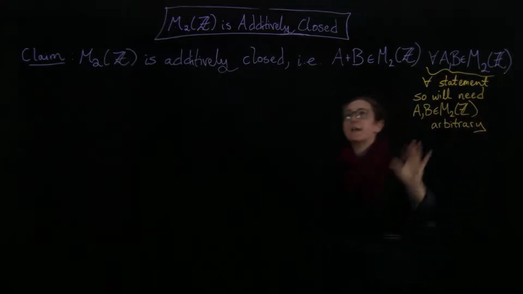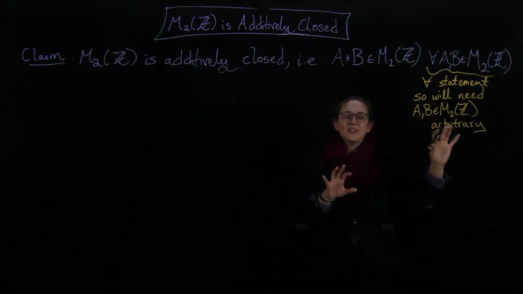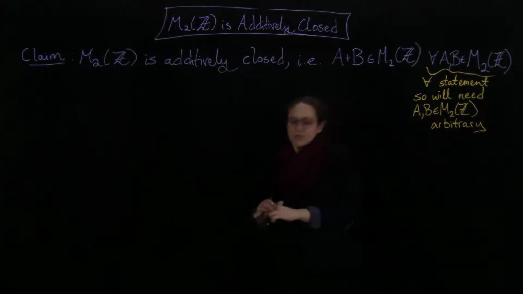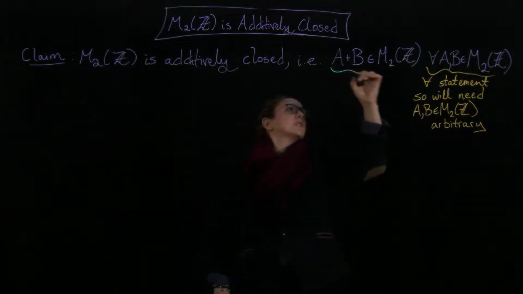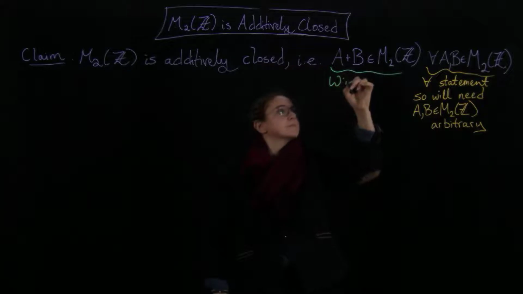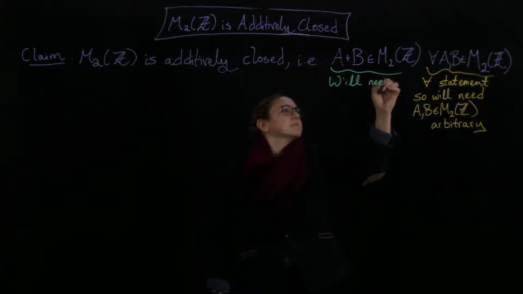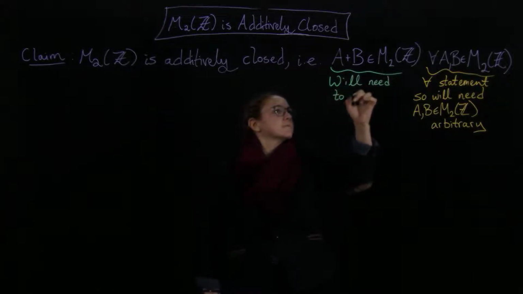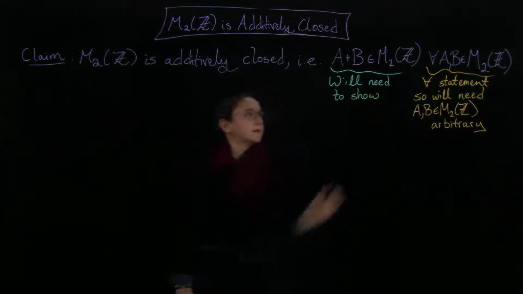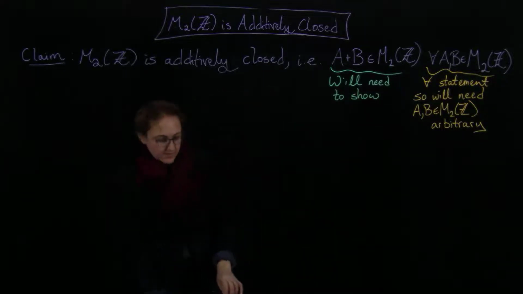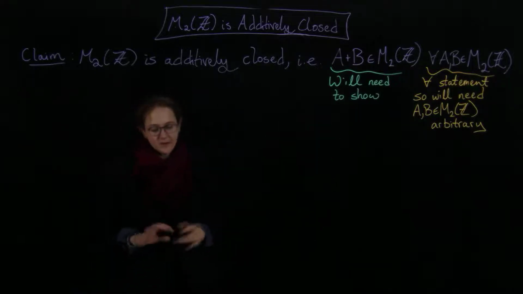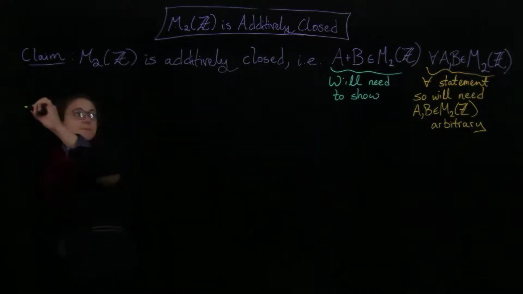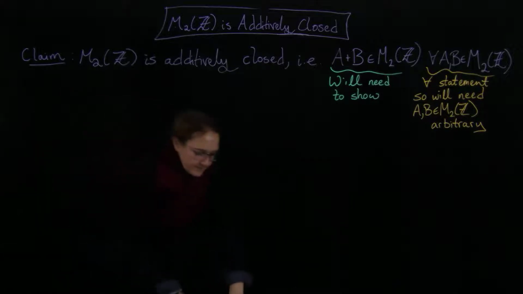And then this is like an if-then, and so we're going to need to show this part is true. Okay, so let's just get started with the first part. I know that I'm going to need to set those to be arbitrary. Okay, so this is the proof.